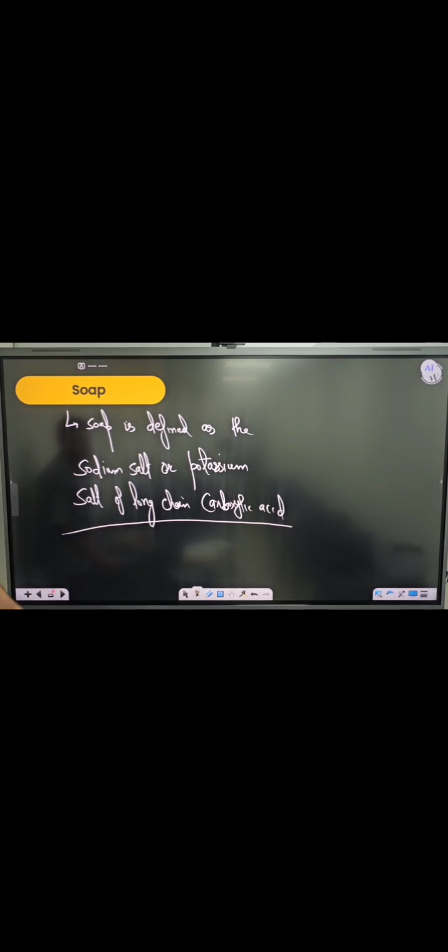Clear, guys? So soap is defined as the sodium salt or potassium salt of long chain carboxylic acid.